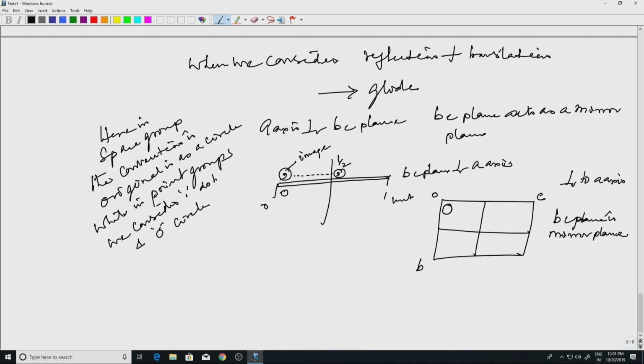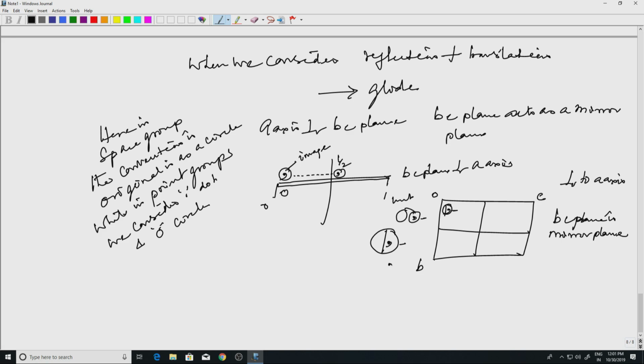The motif which is here gets reflected and it comes here this way. That is this and this superimposed. So to show that, we use this way. That is, this is moving here this way.